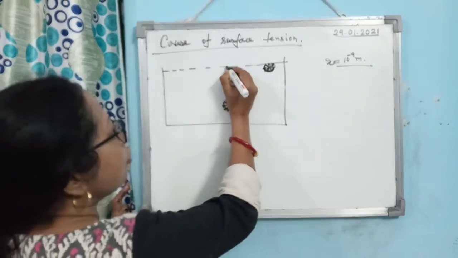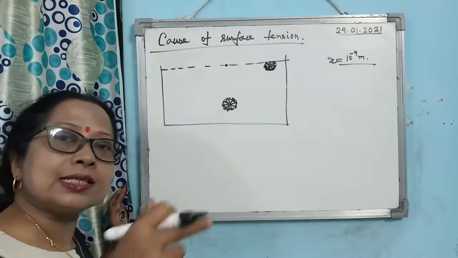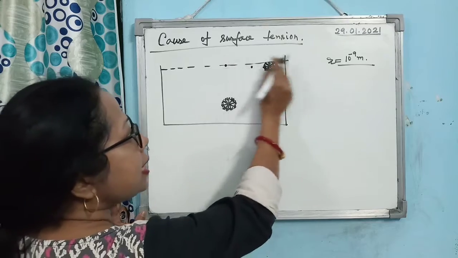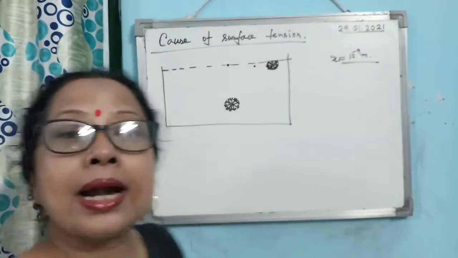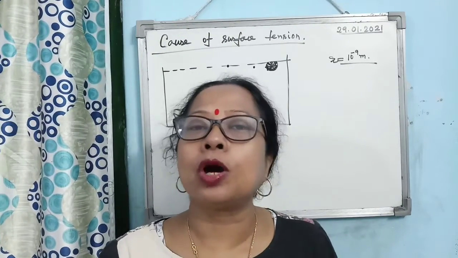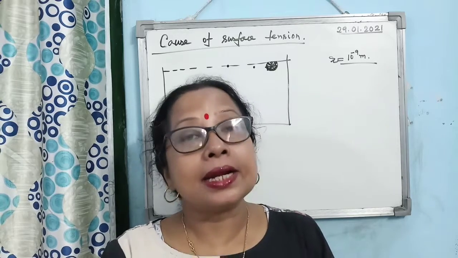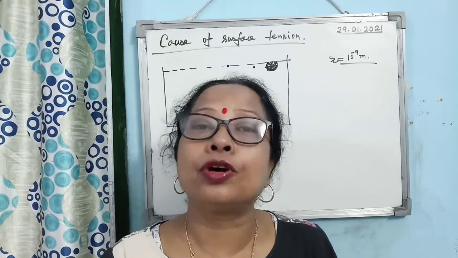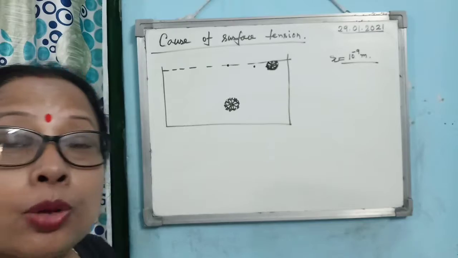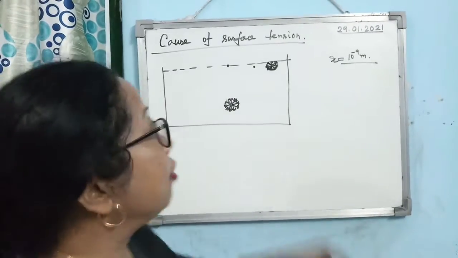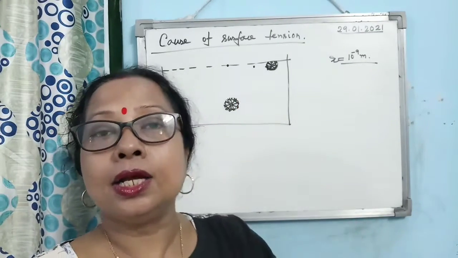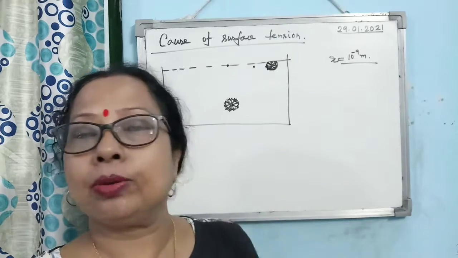So if you take a liquid molecule near the surface where you are unable to complete the sphere of molecular activity, that molecule will experience a downward intermolecular force.